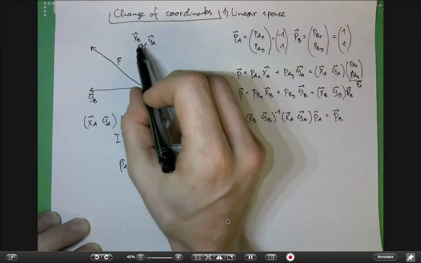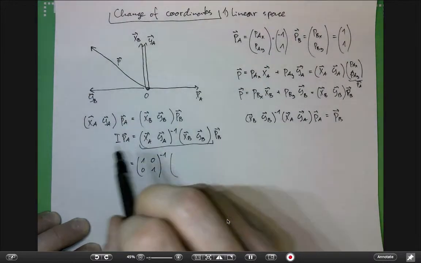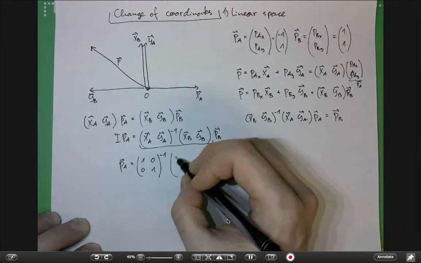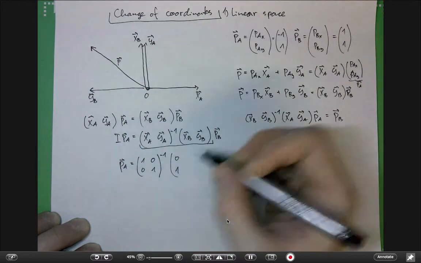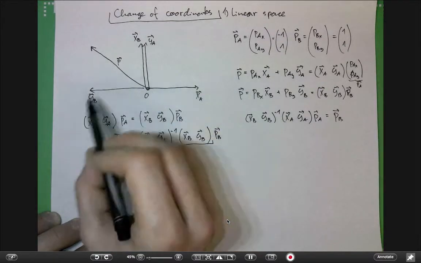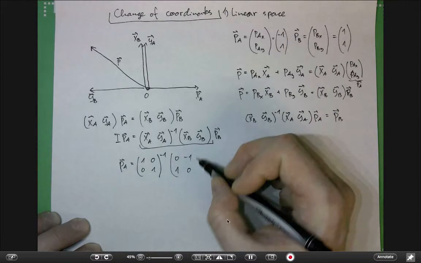And what is xb and yb? So xb is 0 in x and 1 in y. And yb is -1 in x and 0 in y.